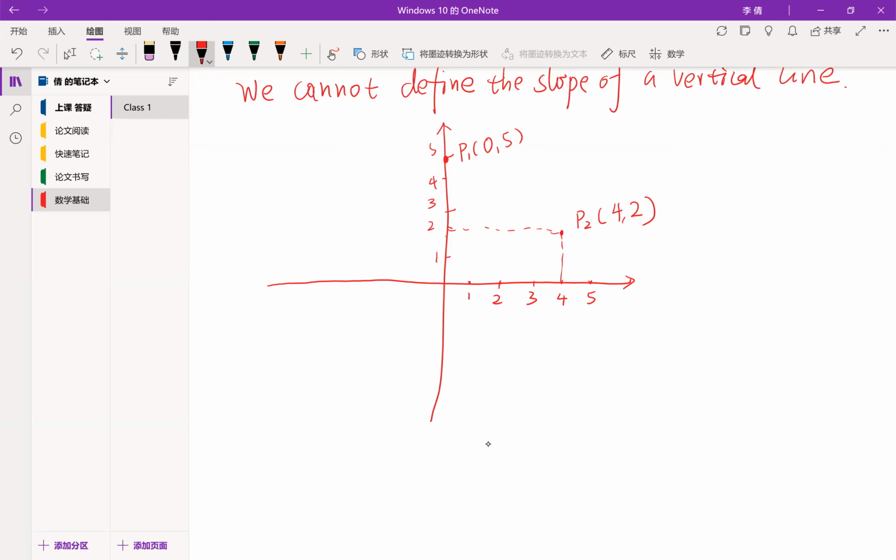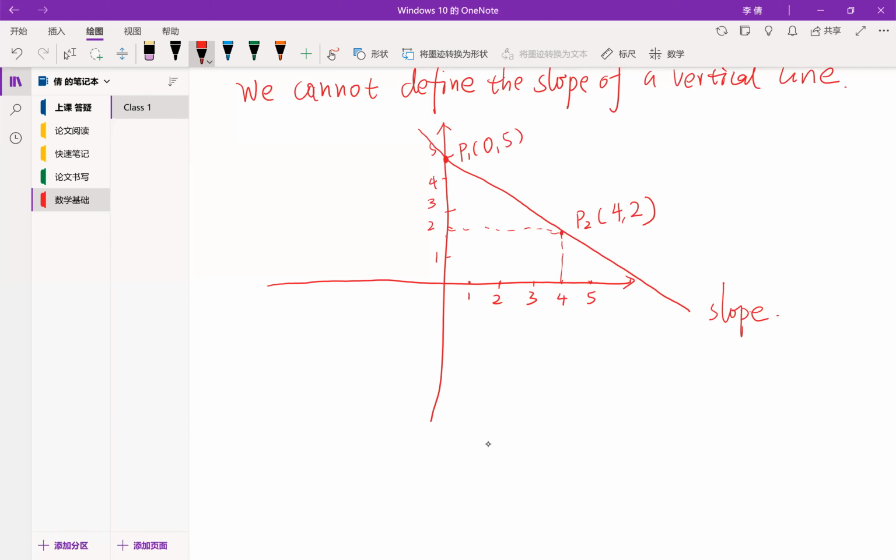And let's see, the slope of the line between P sub 1 and P sub 2 is what? How do we compute this line's slope?